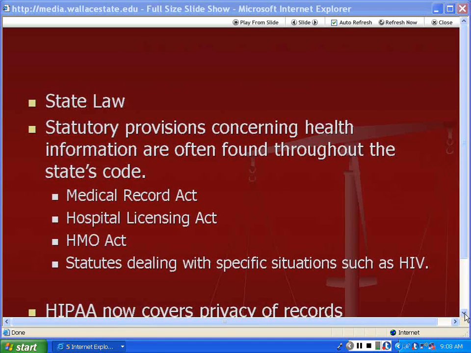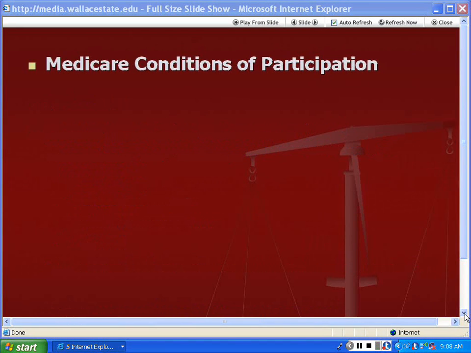Now, Medicare conditions of participation: for any facility that participates in this program and receives funds from Medicare for treatment given to Medicare beneficiaries, they have to go by the Medicare conditions of participation.